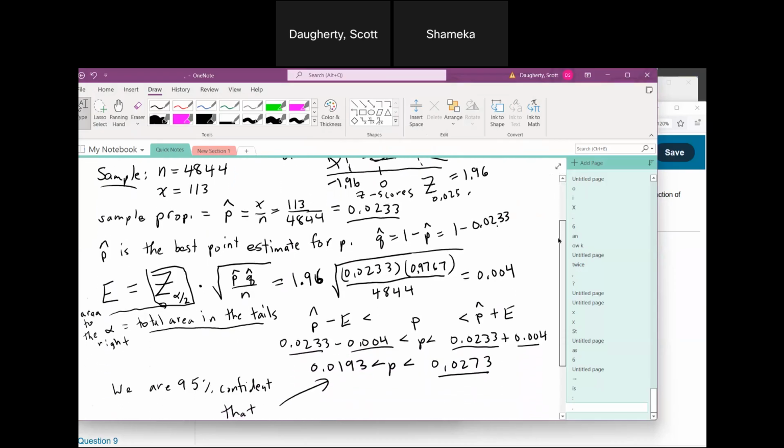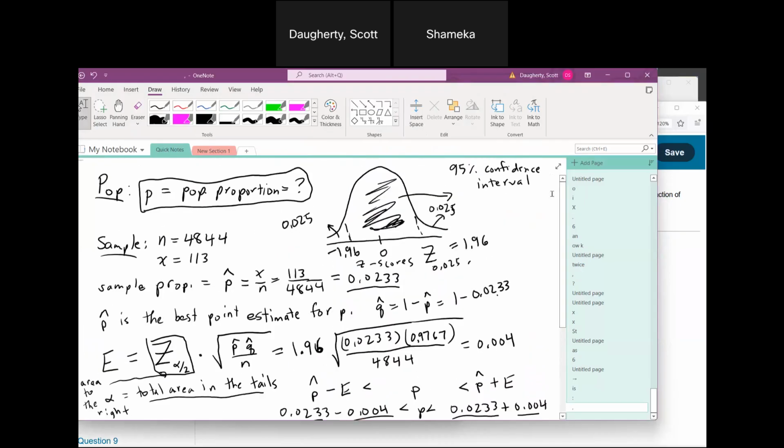But the reason the confidence interval is better than the point estimate is because if someone comes to you and asks what you think this number is, your point estimate, you would say I think it's somewhere close to 0.0233, about 2.3%. But if someone comes back and says, what do you mean by close? That's a very vague term.